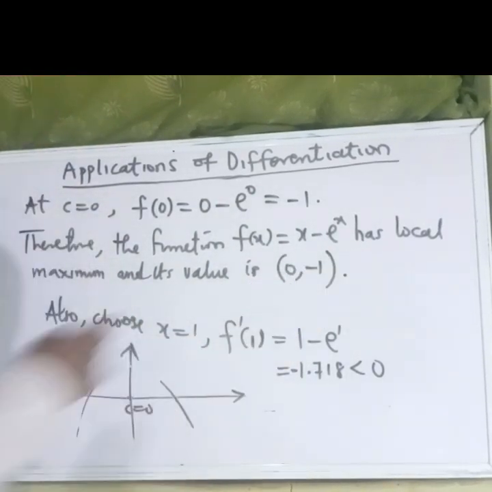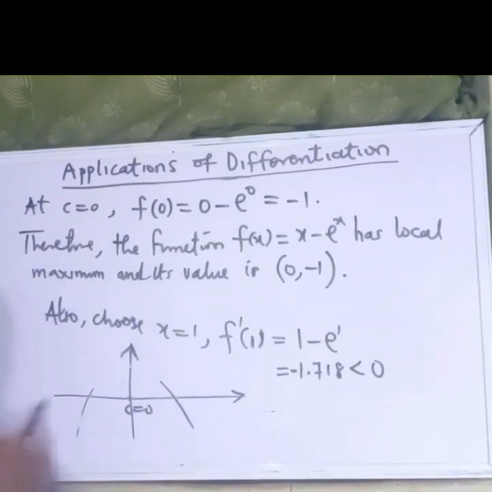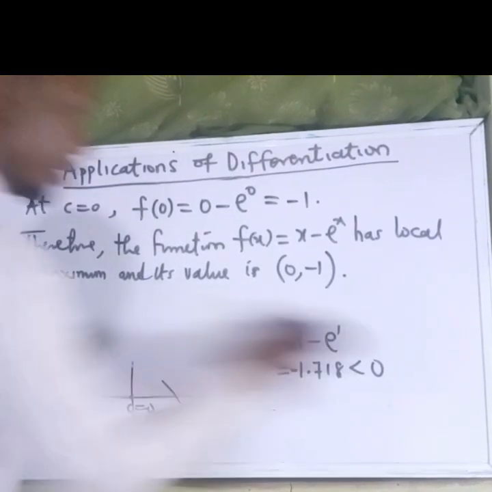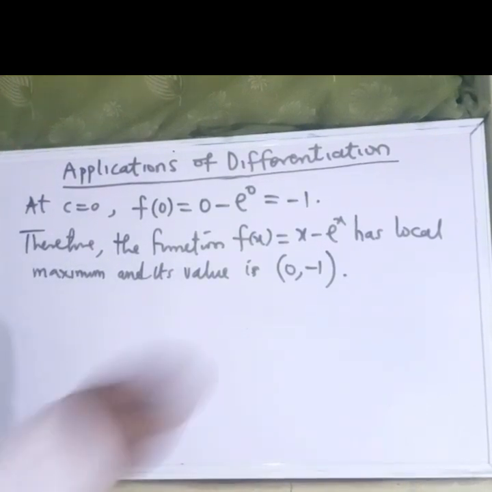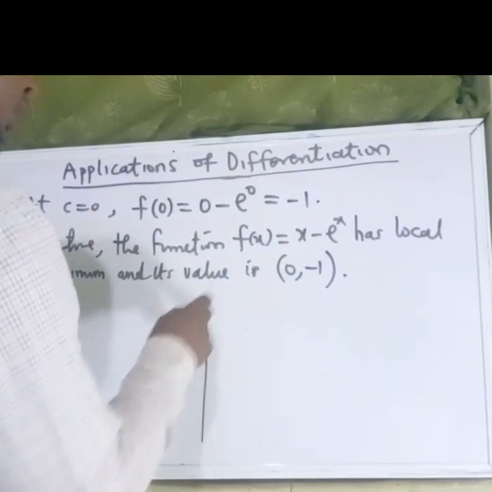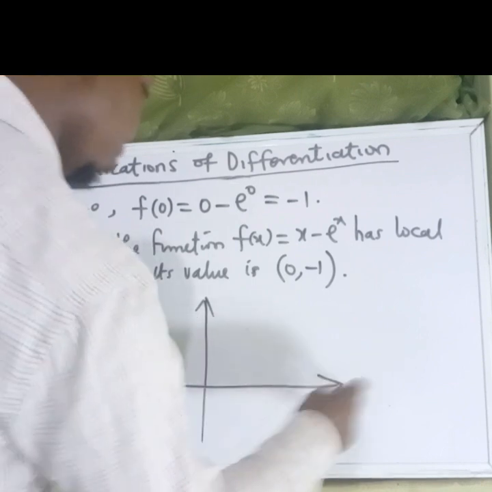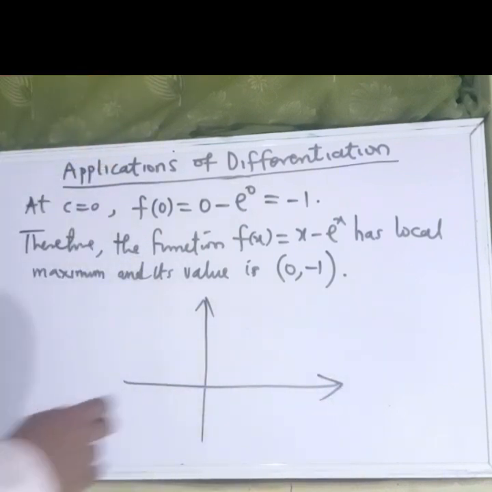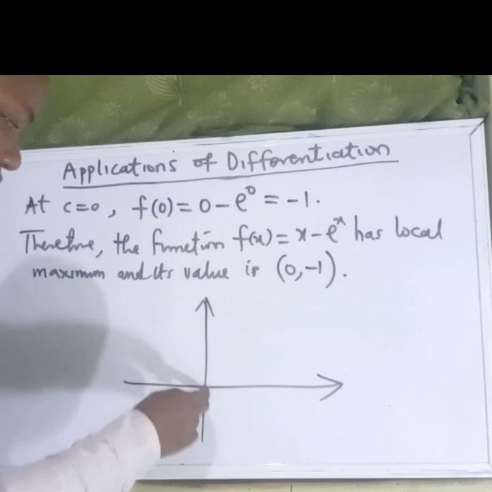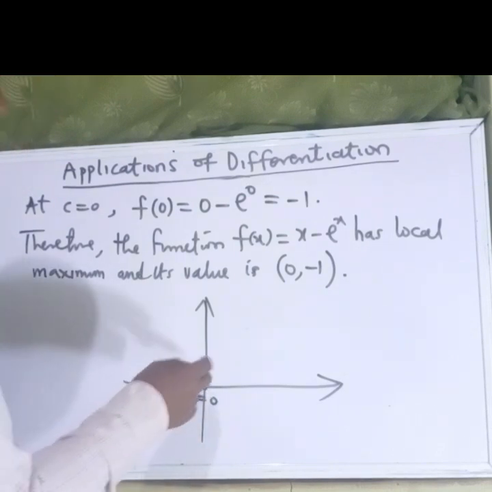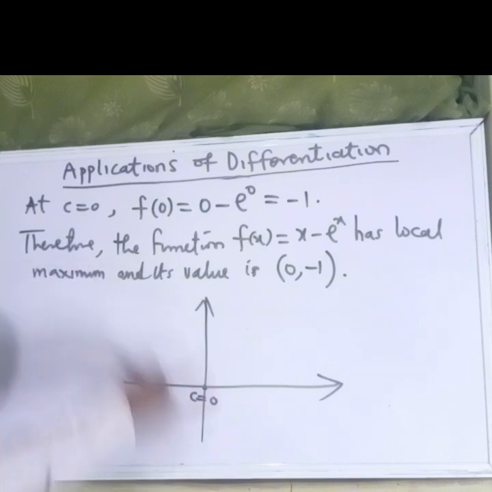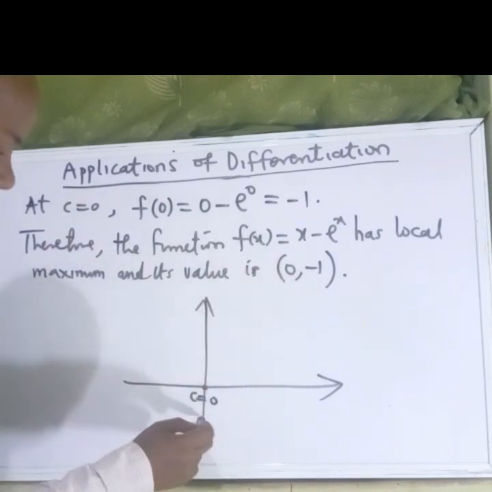So if you have to locate that on the graph, let's see how this actually behaves. We can't get the true graph from here, but at least we are able to tell the shape of the curve. This is where x equals 0. The extreme value is negative 1.